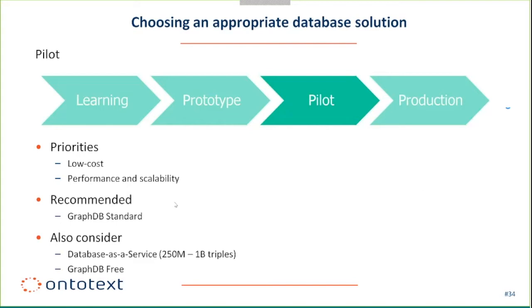That is why GraphDB Free would not be suitable for this particular stage, but of course it's very easy to transition to GraphDB Standard, as it's pretty much the same software. And if you're using the cloud solution, you can simply scale up to a larger database, either 250 million or 1 billion triples.